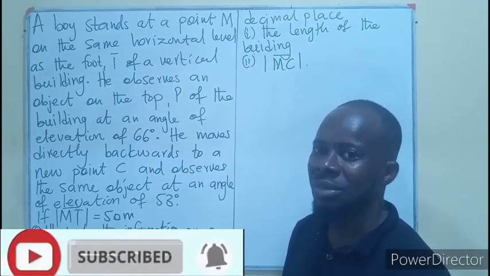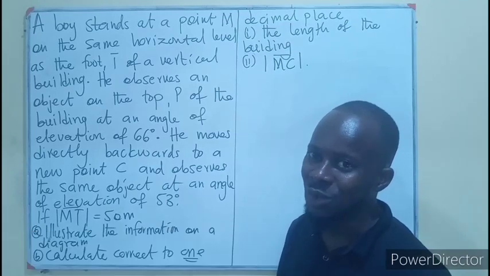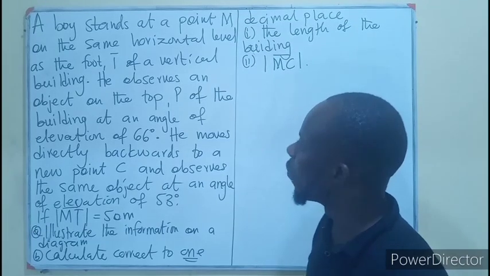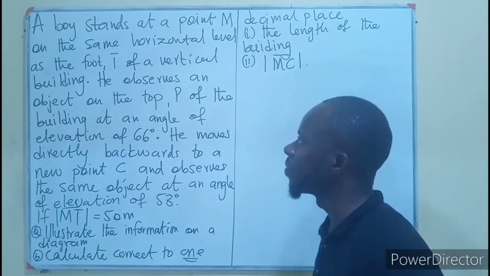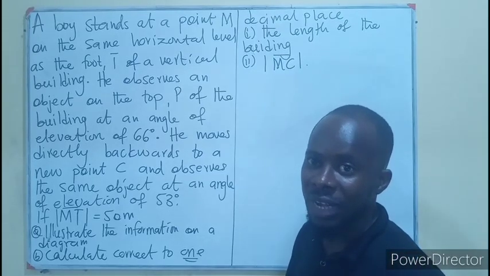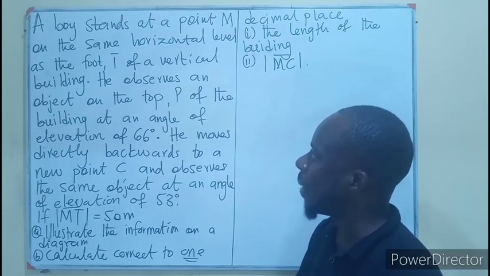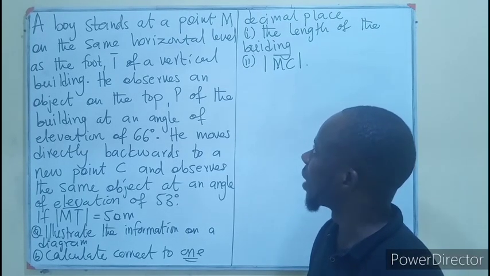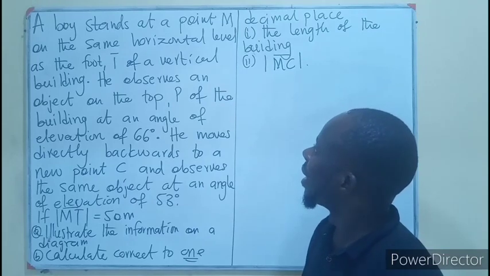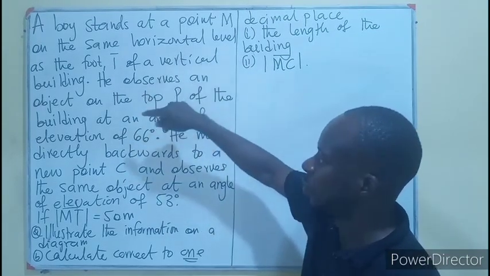We are on the subjective question number 5 for the just ended June 2023 WASSCE Core Mathematics paper. So we have a question on trigonometry, angle of elevation. A boy stands at a point M on a horizontal level at the foot T of a vertical building.